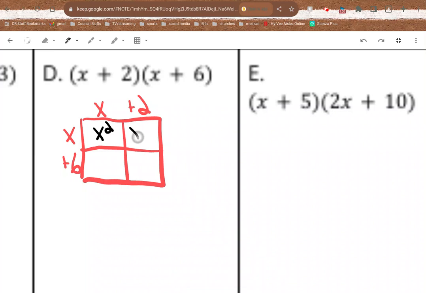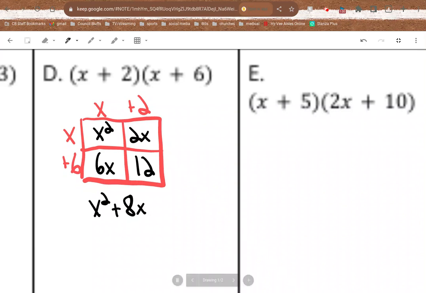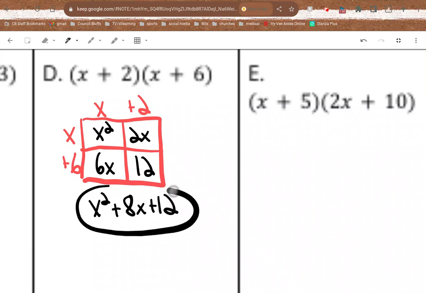So that's going to be 2x. Bottom left is going to be 6 times x, which is going to be 6x. And bottom right is going to be 6 times 2, which is 12. If I put everything together, I end up with x squared plus 8x. All right, 6x and 2x is 8x plus 12. Okay?